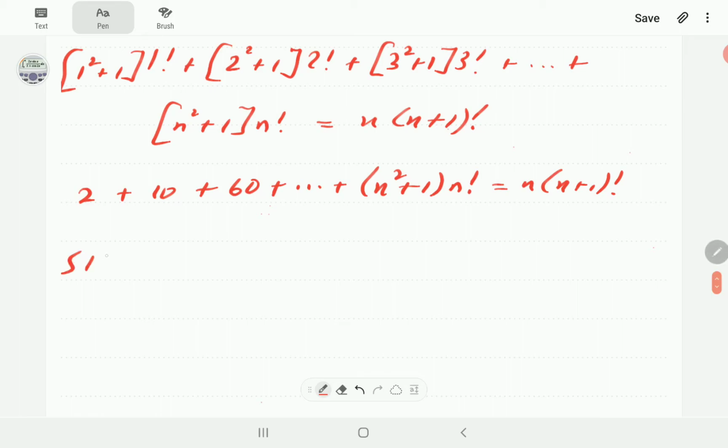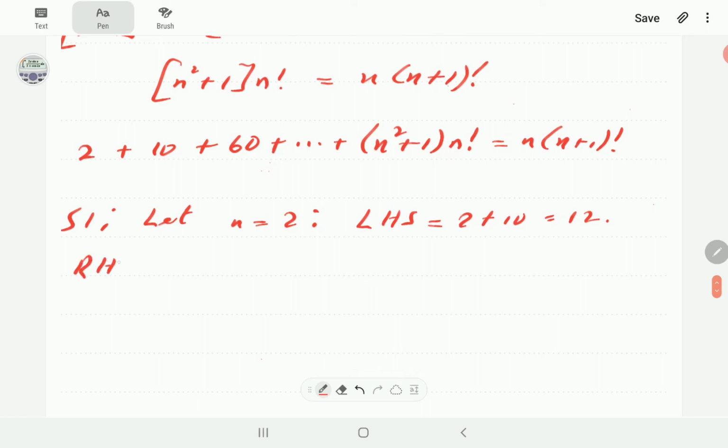For step 1, let n equal to 2. N equals to 2 on the left hand side, which has 2 terms. 2 plus 10 is 12.